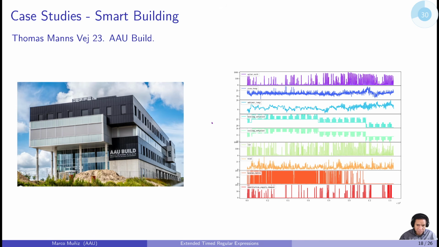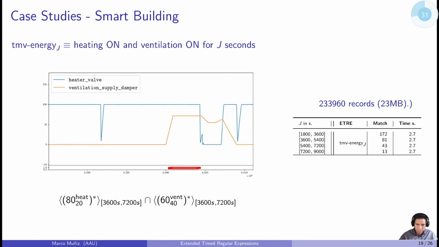Another case study is this one from the building of Aalborg University, which has a number of signals. In this case, we're interested in matching when the heating and the ventilation are on for an extended period, right? Because if it's heating and cooling at the same time, this is an inefficiency in the building, and we would like to detect this.